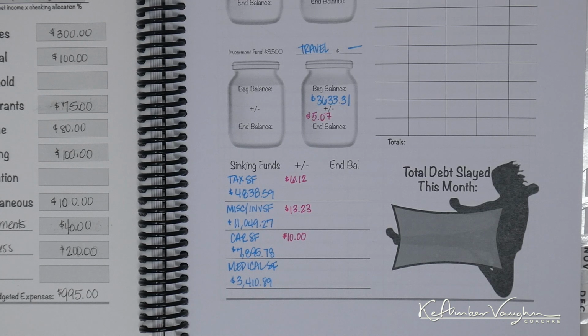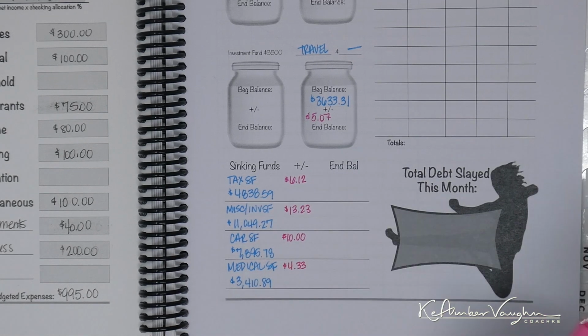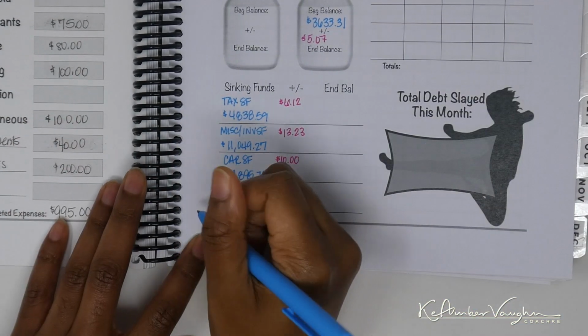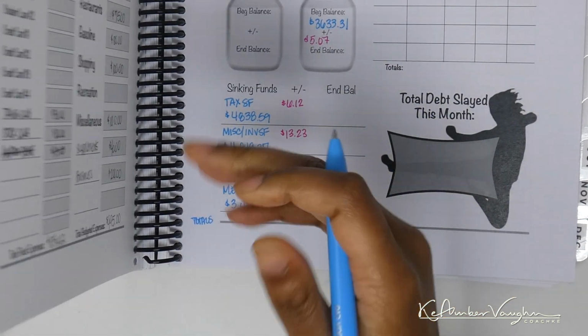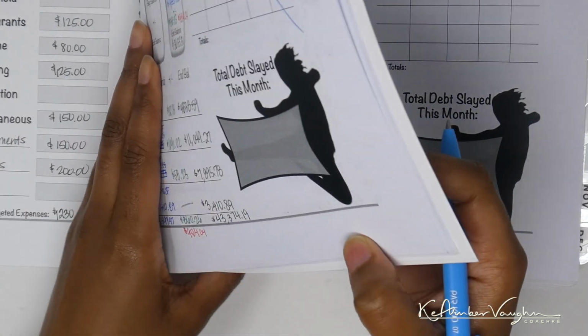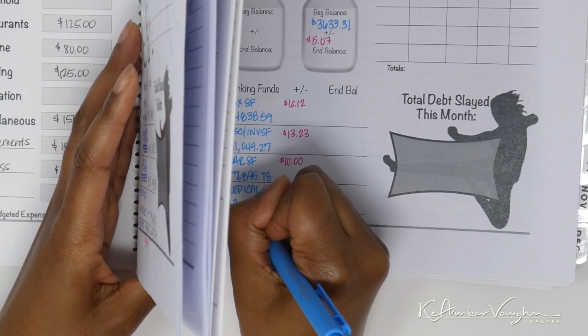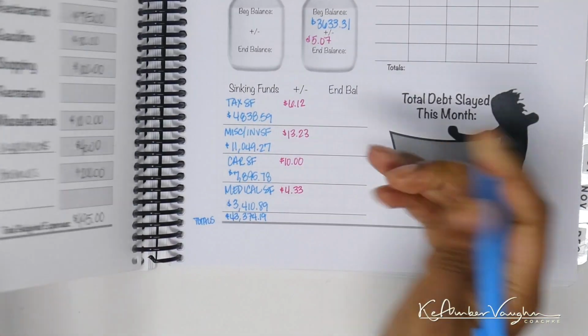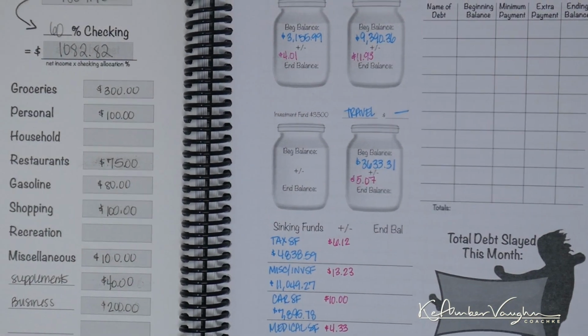And then medical is $4.33. And I did forget to do my totals at the bottom. So my total beginning balance is $43,374.19. All right, y'all. So let me zoom y'all out.